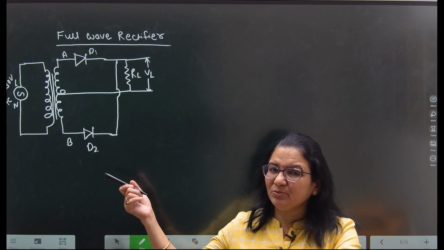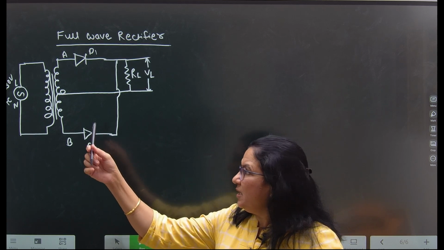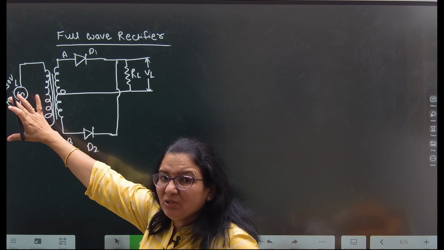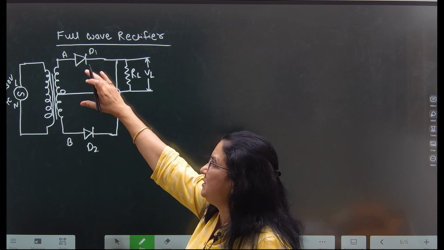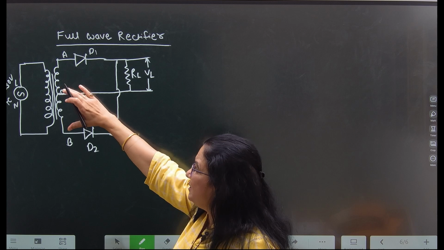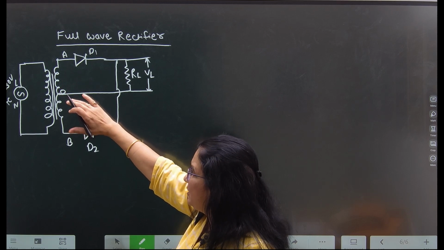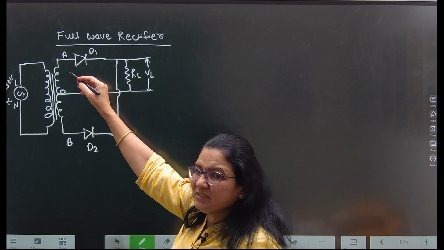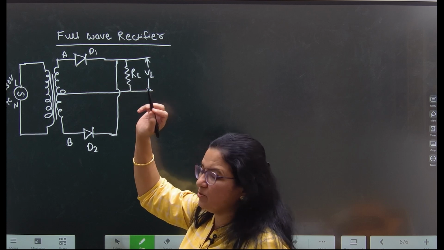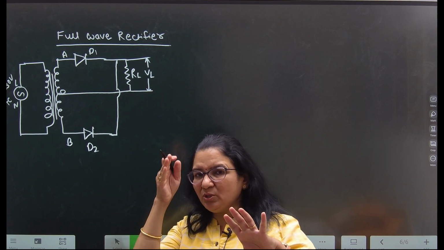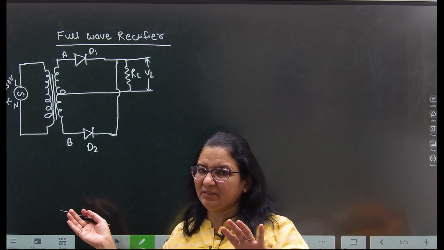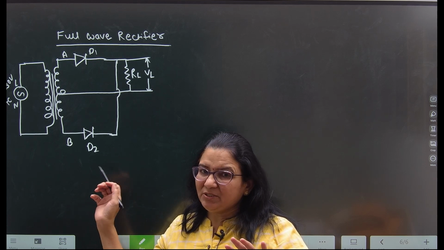It works like this: if primary winding voltage is 12 volt, then secondary winding voltage is divided into two parts, 6 volt in the first half and 6 volt in the other part. So A to O it is 6 volt and O to B it is 6 volt. That means the primary winding voltage is divided into two equal parts at the secondary winding. That is a center tap transformer. Clear?